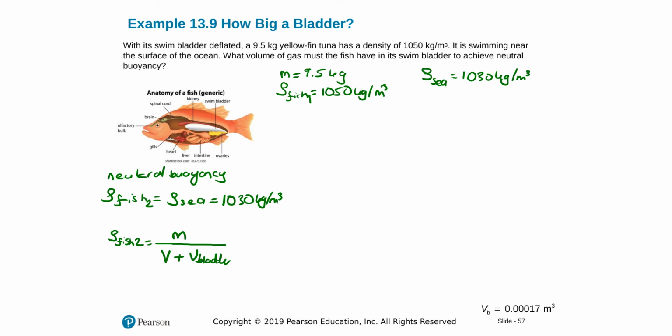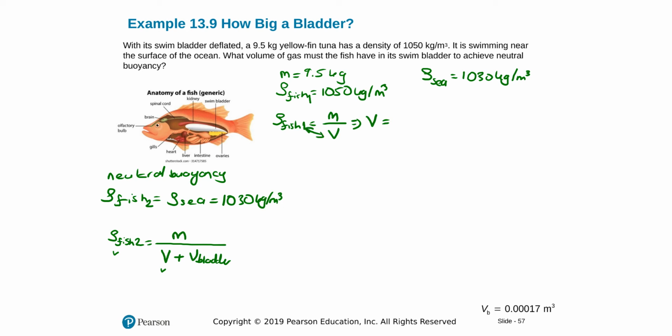If we know the initial volume, mass, we know the final density, we can solve for how much volume the bladder should have. Now, can we find this initial volume? Yes, because we have here the mass of the fish, we know the density of the fish. In the initial case, density is equal to mass divided by the volume. So we'll get that volume from here, simply switching these two.